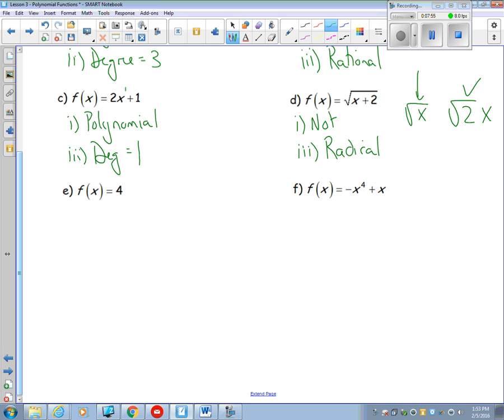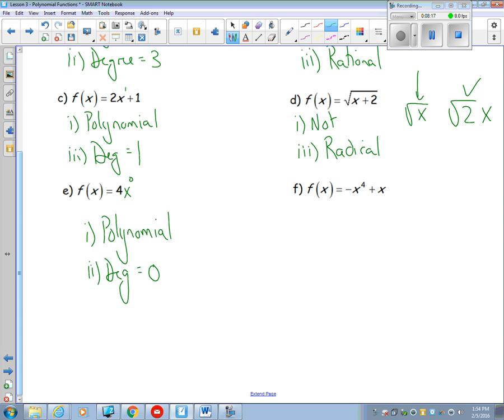E. E is a polynomial. That's the tricky one. This one's actually a polynomial with a degree of 0, because we don't see the x. The reason is it's x to the 0, and the trick about powers of 0 is they always equal 1, so we don't usually show them.